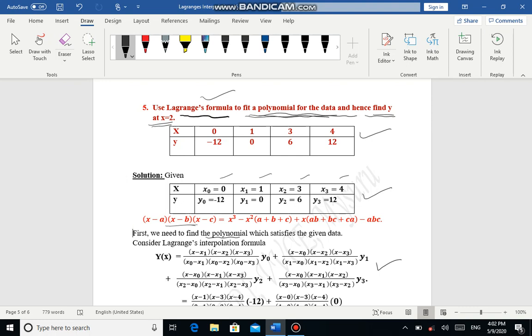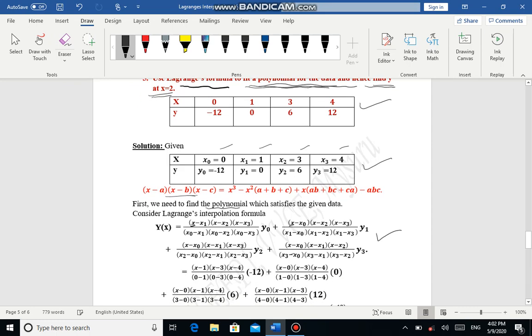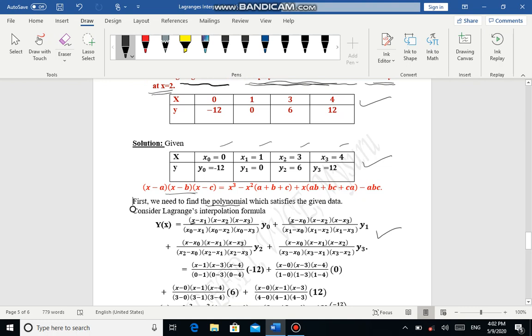And now, remember, when we are finding a polynomial, we are not supposed to replace x in the formula. So observe here, I replace all the values, means I replace the x1 by 1, x2 by 3, x3 by 4, y0 value, y1 value, y2, y3 and everything except x.